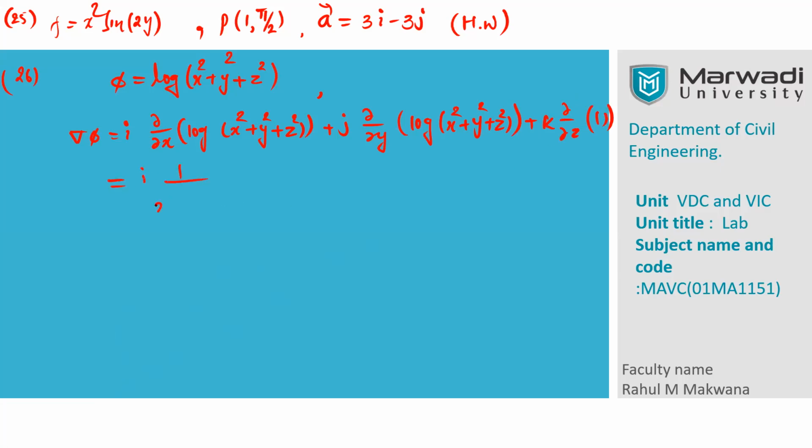So this is 1 upon simply x square plus y square plus z square into 2x, 1 upon x square plus y square plus z square into 2y, and 1 upon x square plus y square plus z square partial with respect to z, 2z.